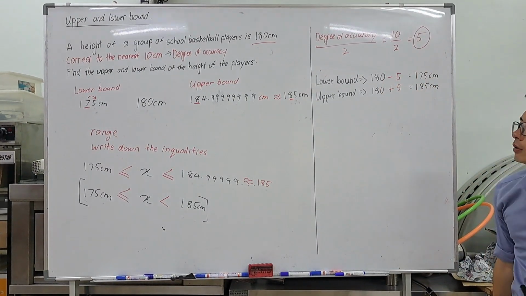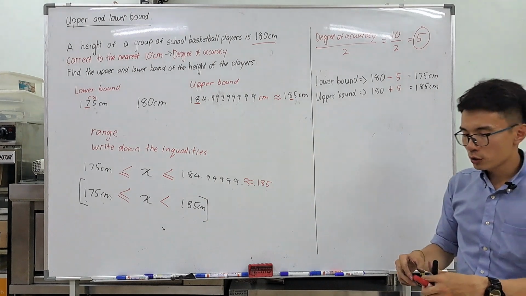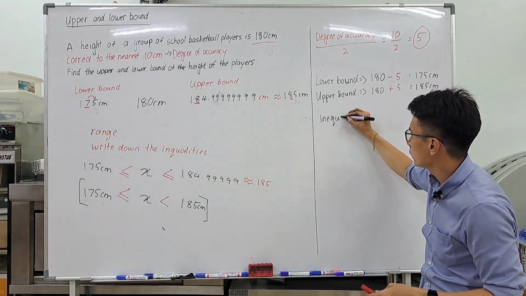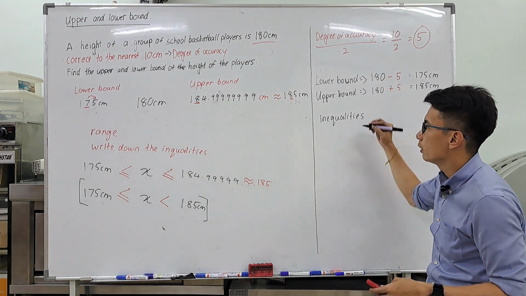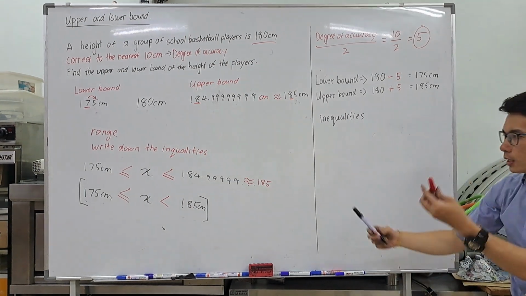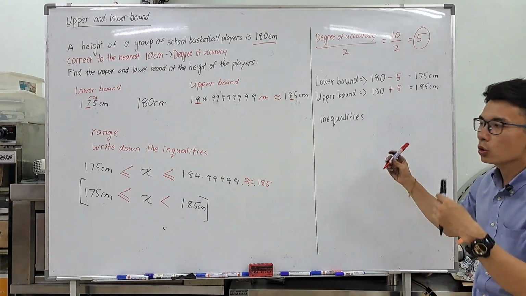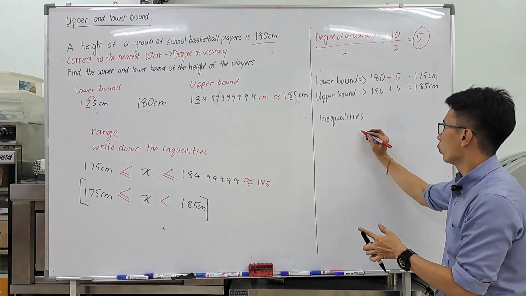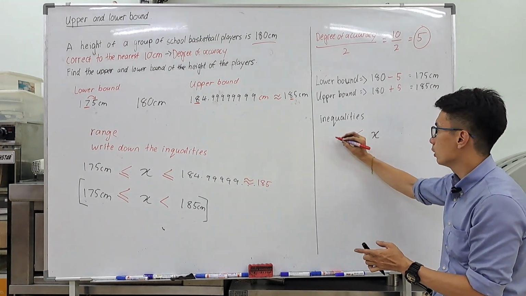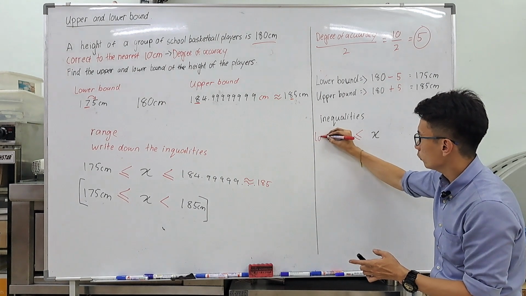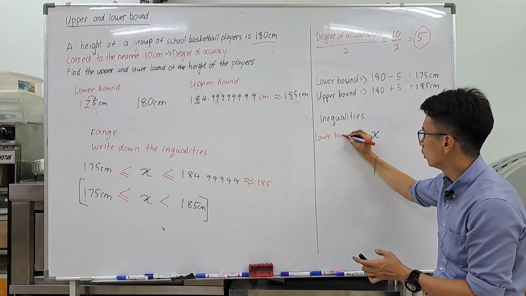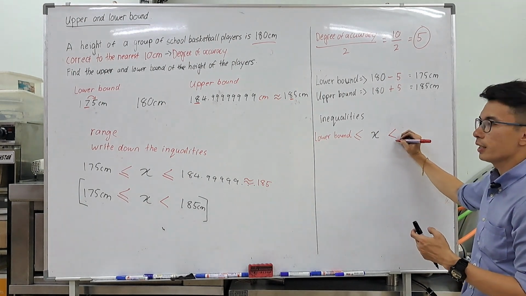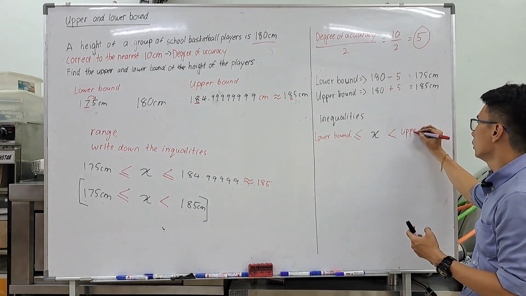This is the shortcut method. Now with this information, you are going to write the inequalities. When we write the inequalities, it's always going to be in this form: x is always more than or equal to the lower bound, and x will always be less than the upper bound.